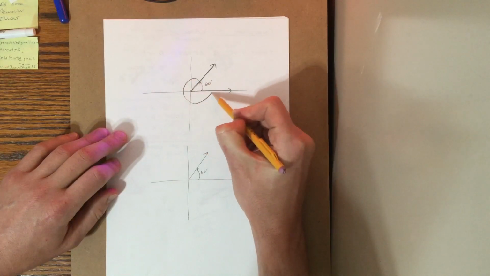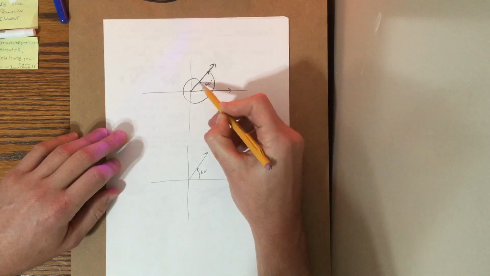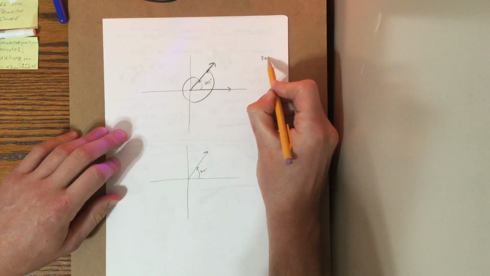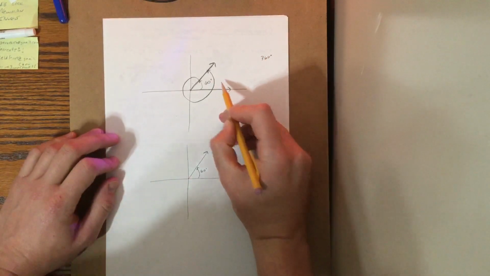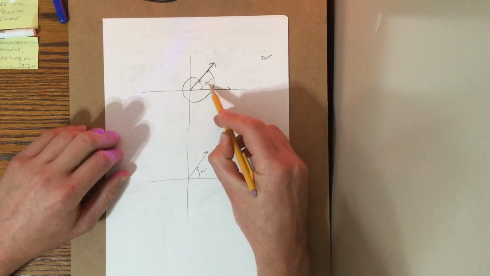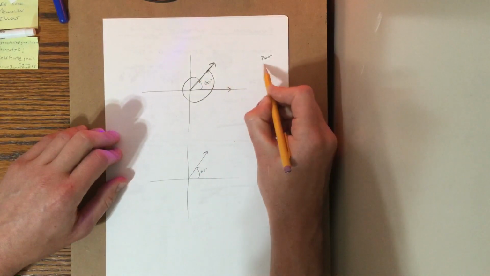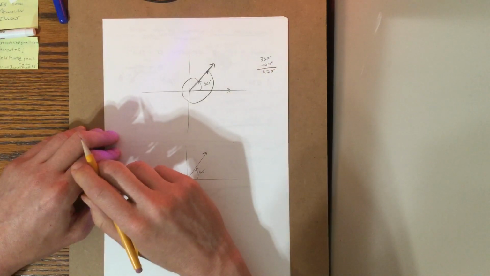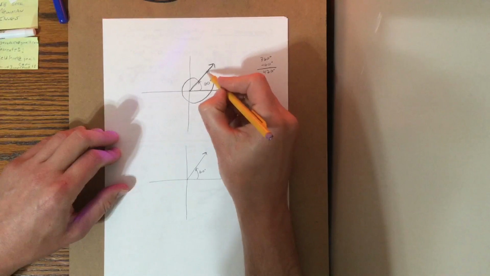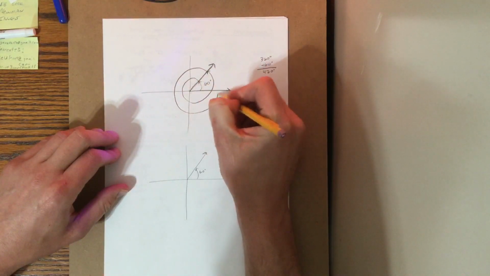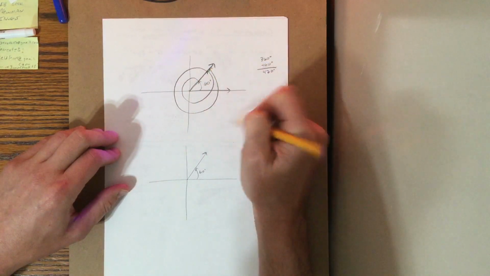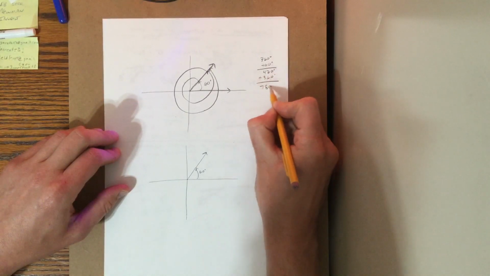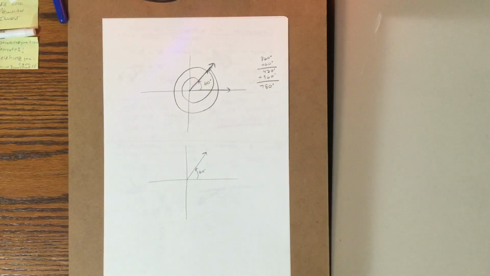If I went around again, we know that one full revolution from here is another 360. So if we do 360, that additional revolution, plus what we started with, 60, that gives us 420 degrees. Okay? We could go around again if we wanted. Another 360 would put us at 780 degrees, okay?